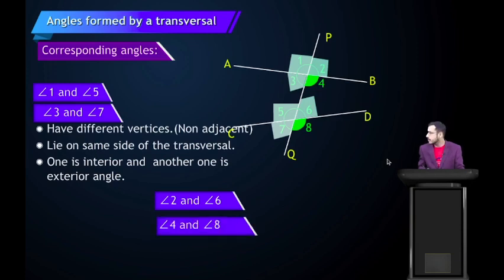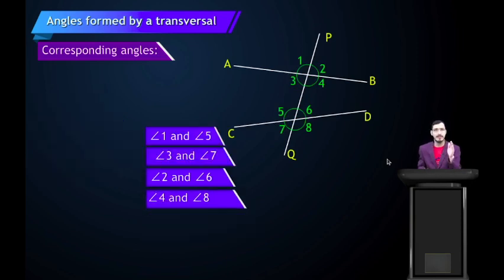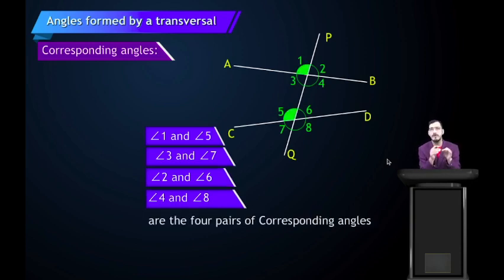So angle 1 and angle 5, angle 3 and angle 7, angle 2 and angle 6, and angle 4 and angle 8 are the four pairs of corresponding angles here.